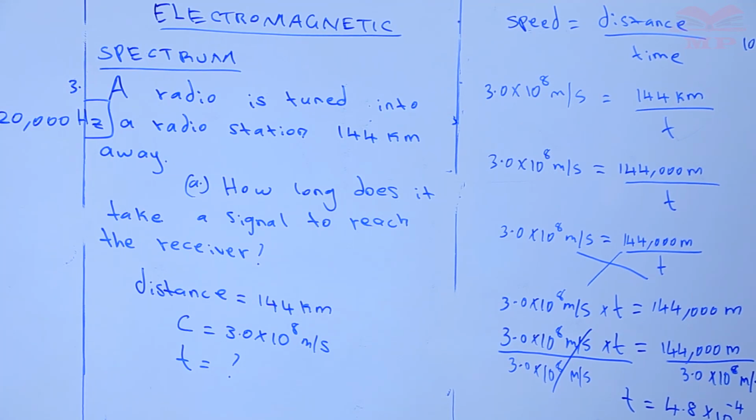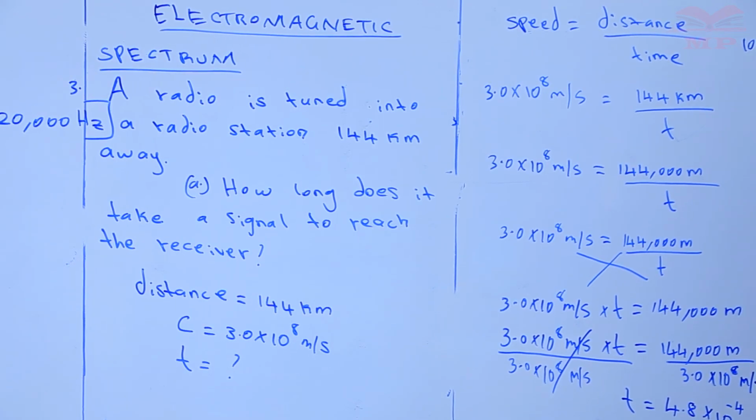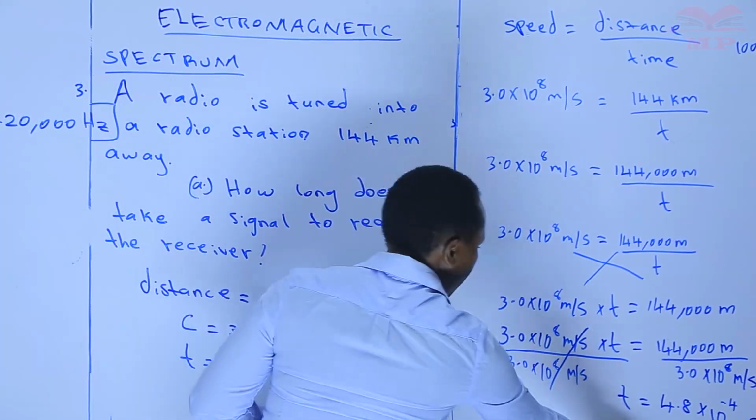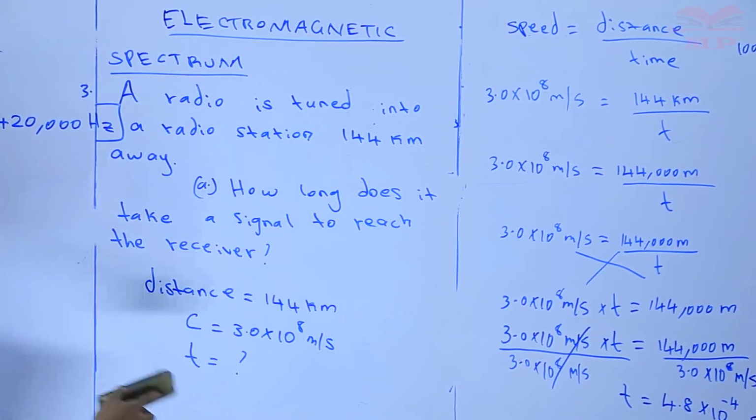So speed is distance over time. We have the speed, that is the speed of light because it is a radio wave which is an EM wave, and we have the distance in kilometers. We've converted it into meters, which is the SI unit, and then we are able to get the time. So we have answered the first part.